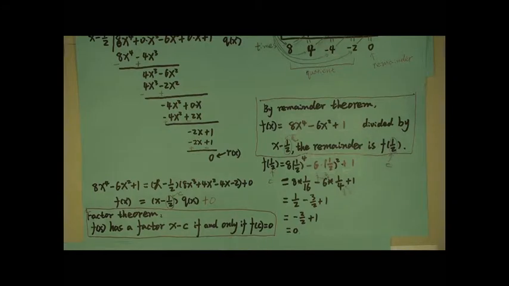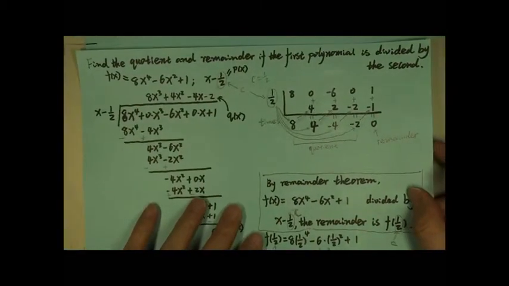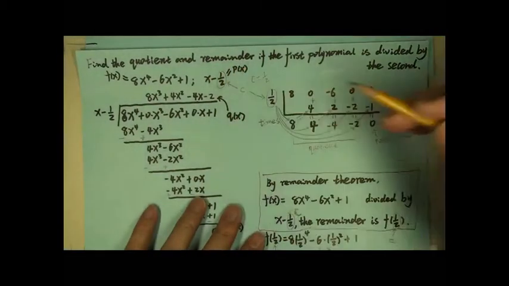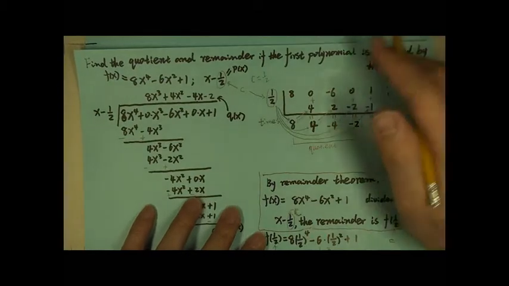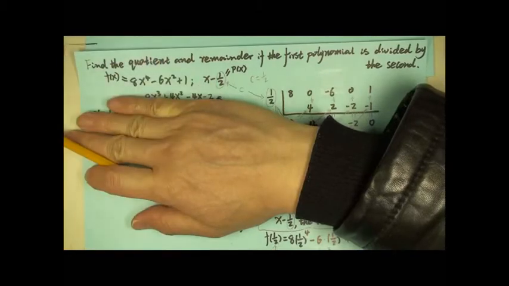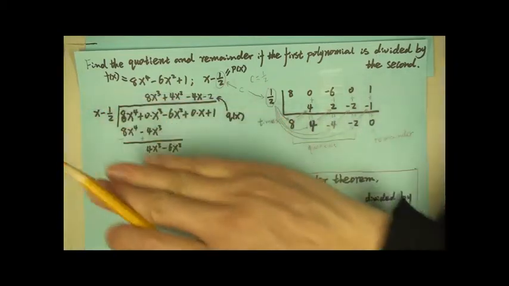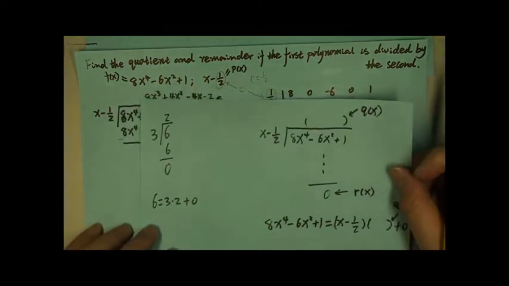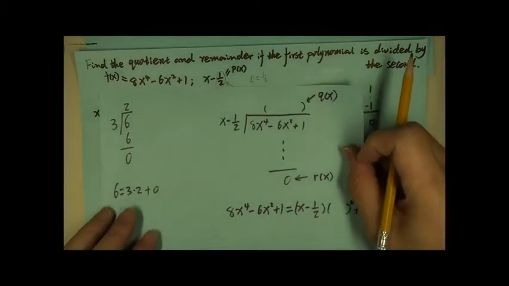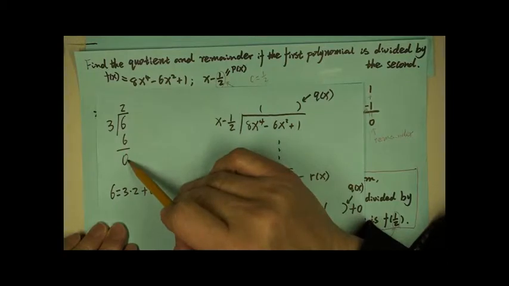What's the meaning of the remainder being 0? In this case, we actually found the remainder first, and we know the remainder is 0 already. For this expression divided by that, we know the remainder is 0. Remainder 0 is a very nice thing. Look, 6 divided by 3, remainder is 0.